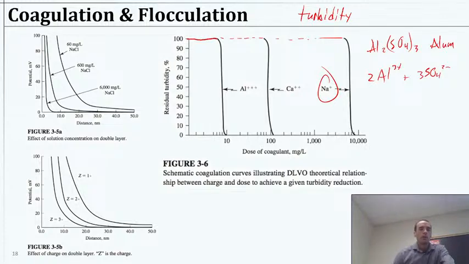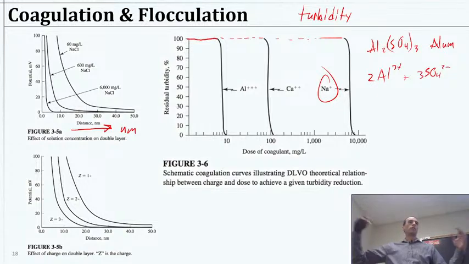All right, so the other little graphs here are showing distance on the x-axis, in nanometers, and on the y-axis, potential in millivolts. This is really just measuring the strength of the charge as a function of distance away from some surface. And so we can measure the charge as we add different conditions.